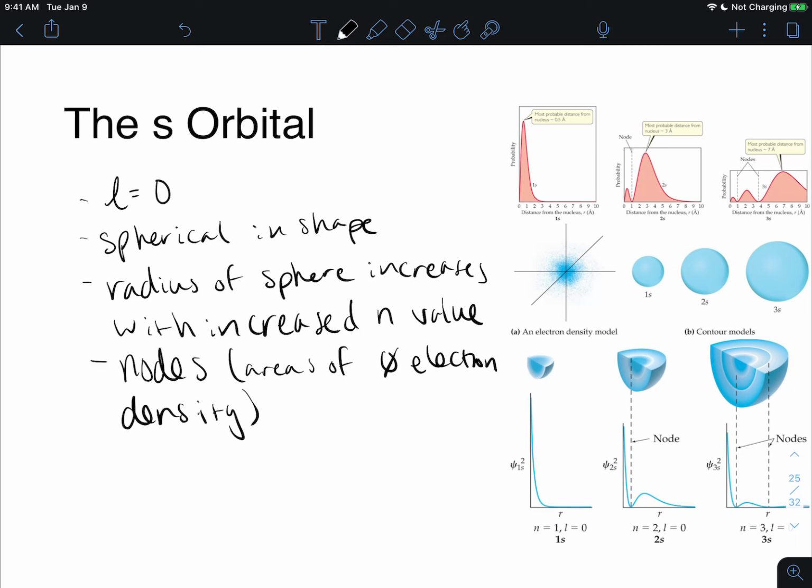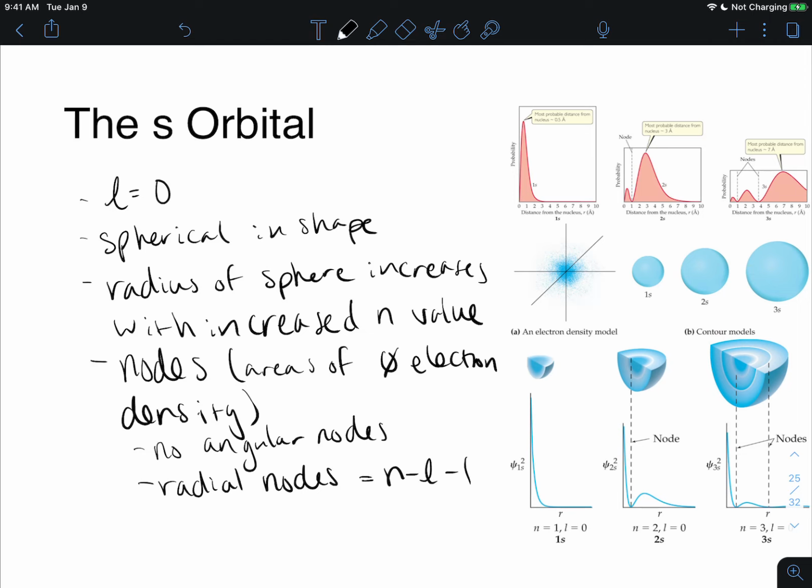Within our nodes, we have two types. We have angular and spherical or radial nodes. With an s orbital, there are no angular nodes. Okay, but there are spherical or radial nodes. And the radial nodes are equal to n minus L minus 1.